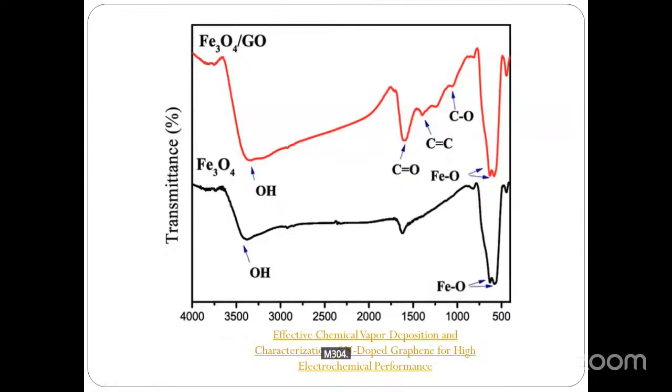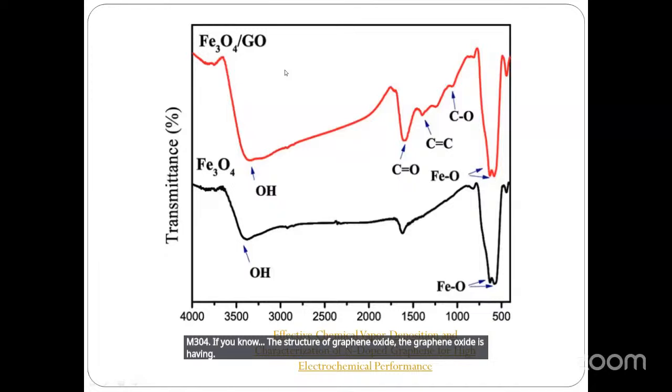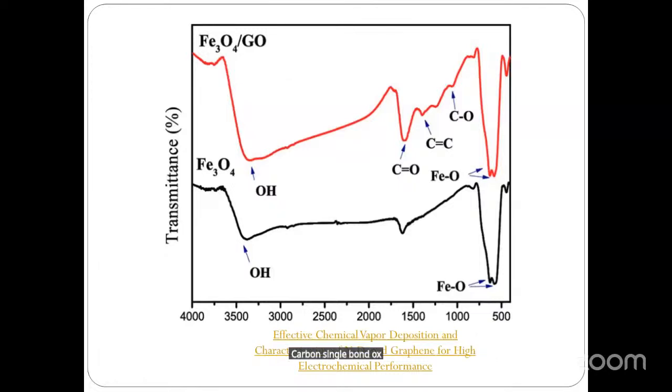If you know the structure of graphene oxide, it has C-O, C=C, and C=O. These are groups which are there in graphene oxide. Let me show you the structure of graphene oxide so that you can compare. Okay. Give me 1 minute.